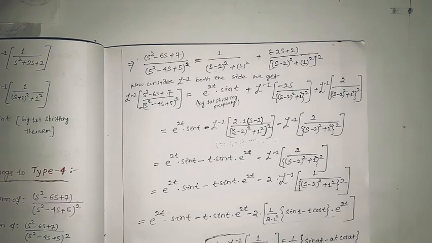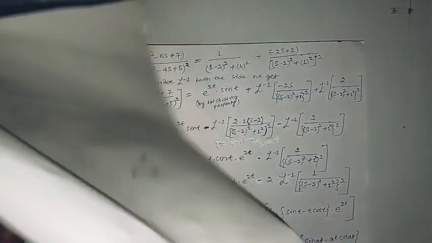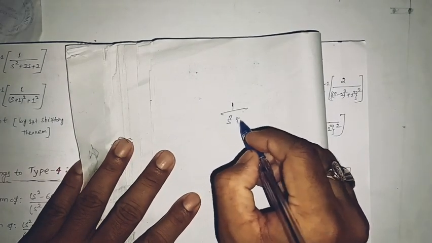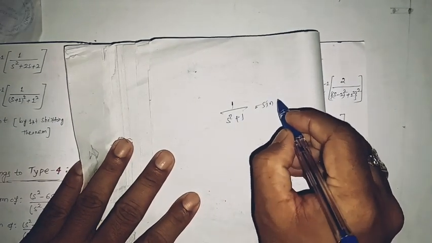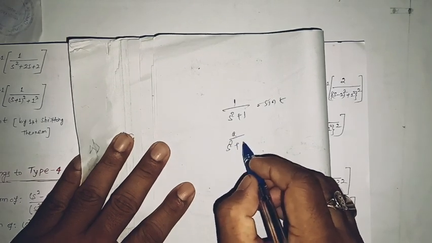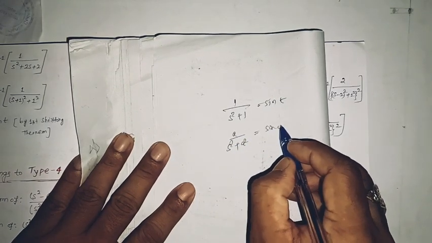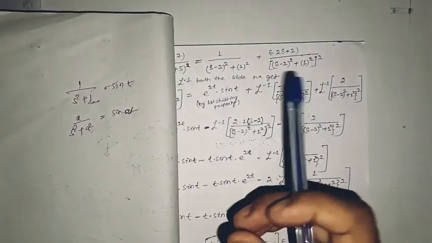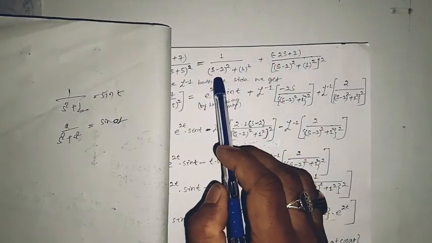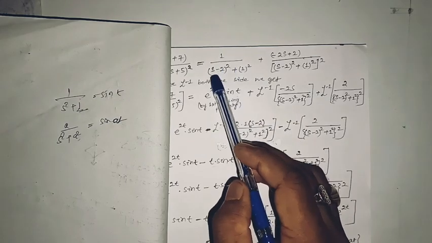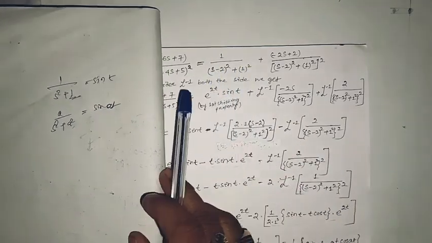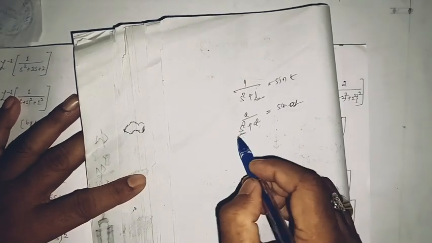We know that the inverse Laplace transform of 1 by s squared plus 1 is sin t, or a by s squared plus a squared is sin at. Here a is 1. So if we have only 1 by s squared plus 1 squared, the answer will be sin t, but here s minus 2 is there instead of s.